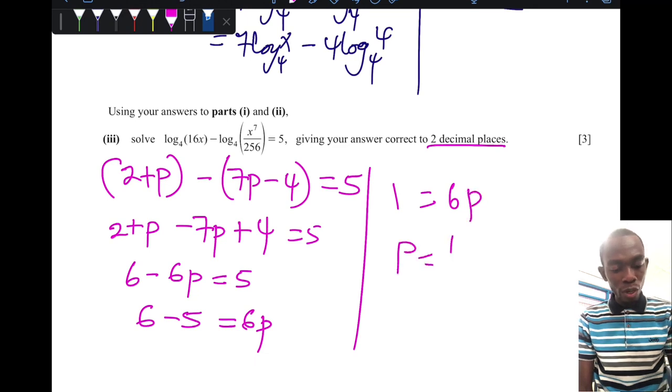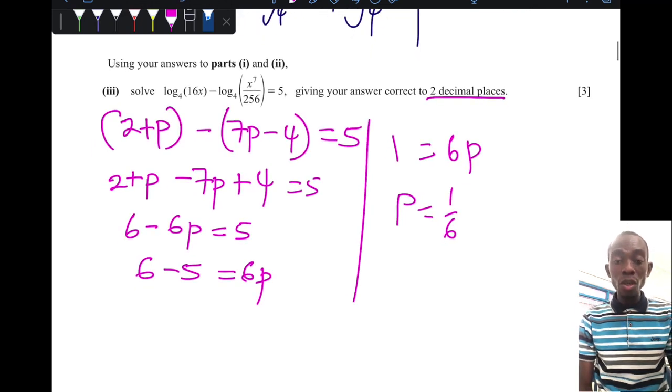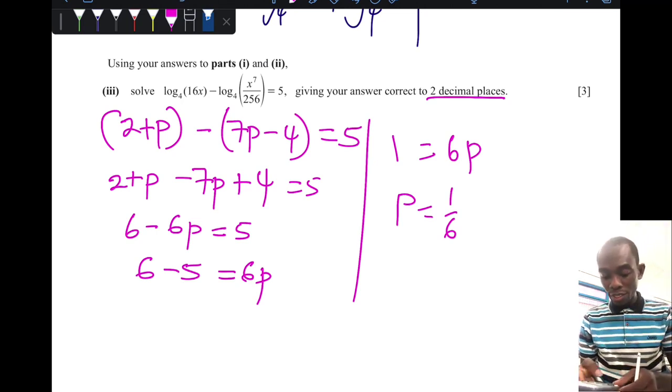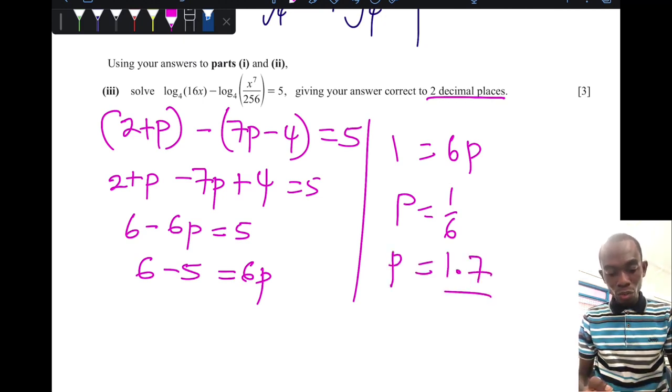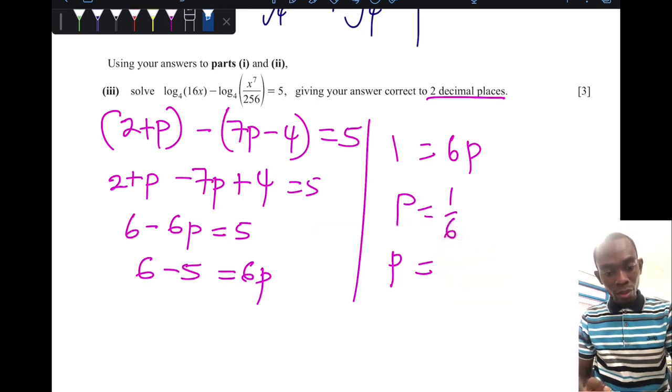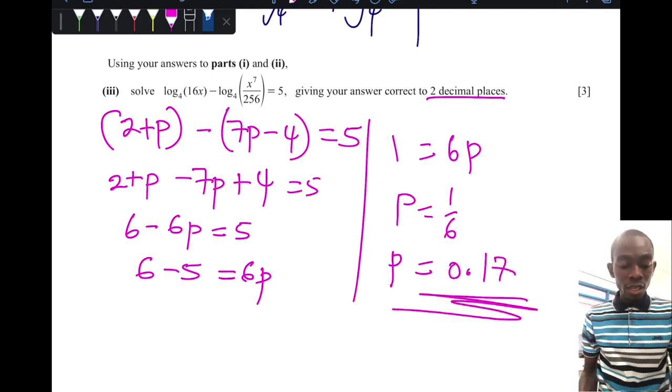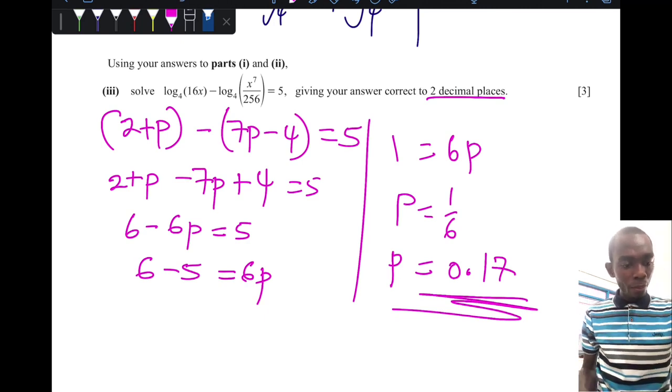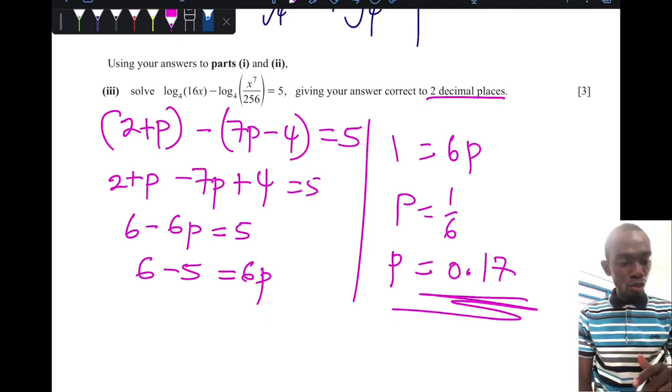Therefore, p is equal to 1 over 6. But what they want is not a fraction. They really want a decimal. So we put 1 over 6 on the calculator, and then we will get 1.72. Sorry, 0. That's wrong. The answer is 0.17. They wanted 2 decimal places, so that's what we gave them. All right. Okay, that's good. I think everything is intact.